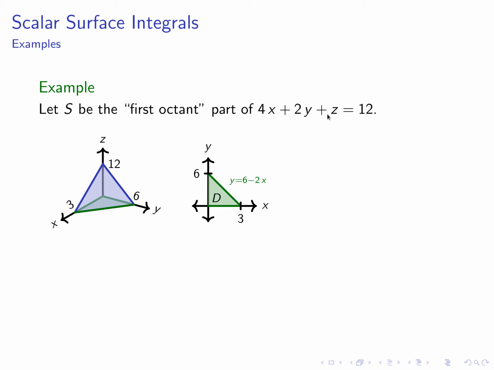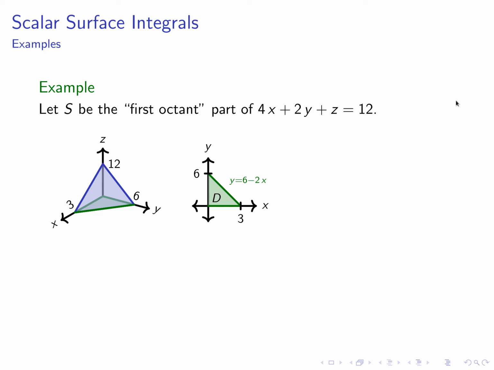So the idea is that if we zero out z here, we're looking at the equation 4x plus 2y equals 12, which is a line with intercepts (0, 6) and (3, 0). So the line itself is described by the equation y equals 6 minus 2x, which is obtained by zeroing out z here and then solving for y.